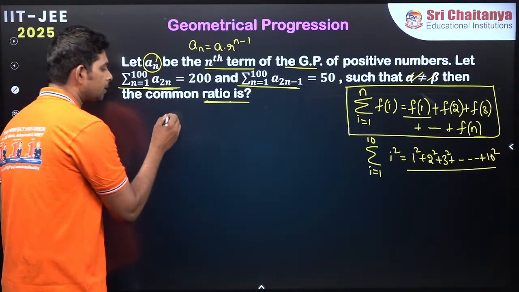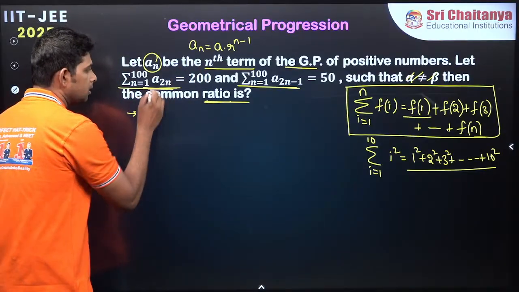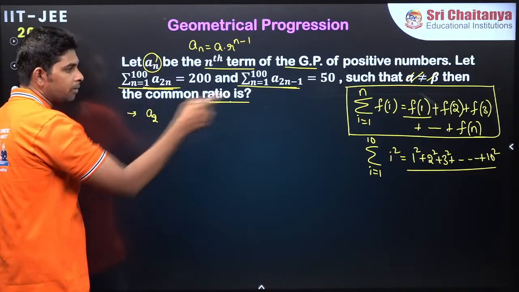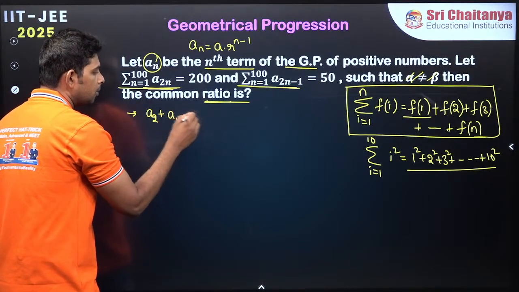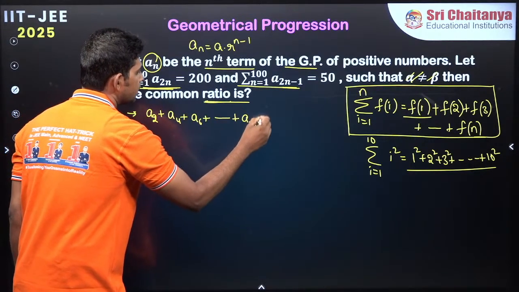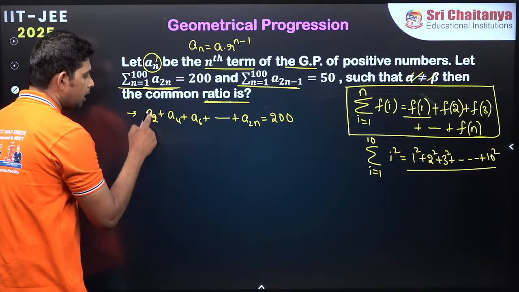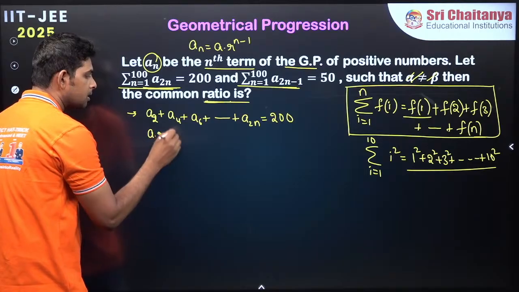For that, I am going to take whatever conditions they have given. What is the first condition? I am writing a2 plus a4 plus a6 up to a2n, with n from 1 to 100, the same way that we were taking here, equals 200. A2 is nothing but a into r, the second term.